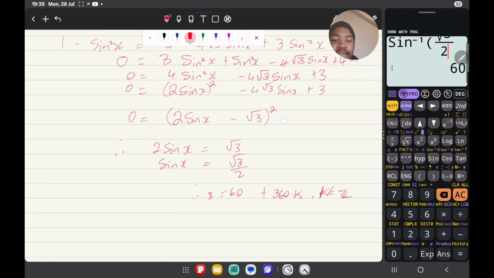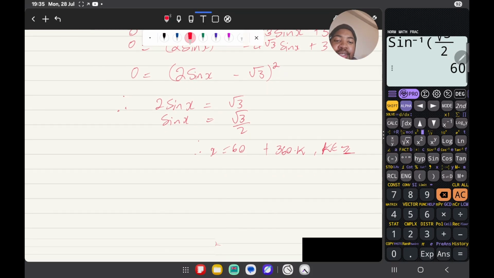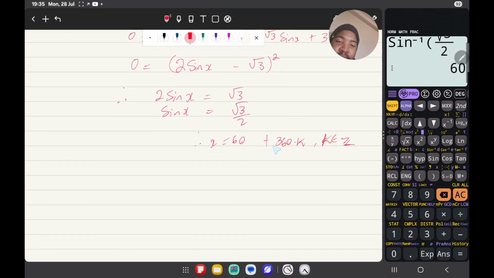And remember, 60 was a reference angle. This is what you'll get in the first quadrant. So in the second quadrant, you're going to get 180 minus 60 plus 360k.